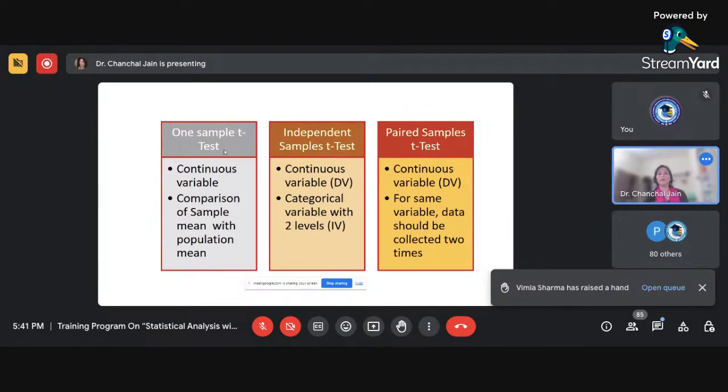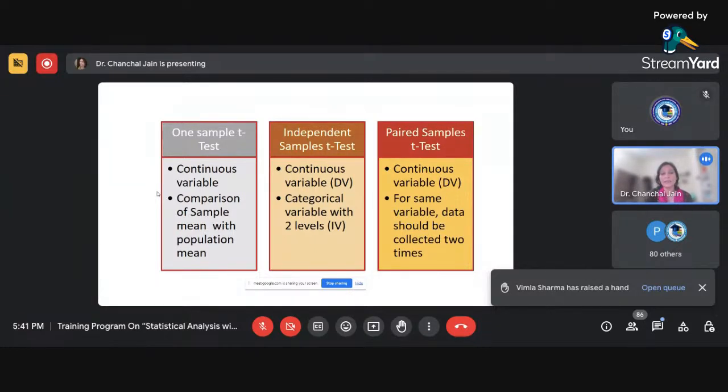So using your objectives, you can decide upon your hypothesis, and using your hypothesis, you can decide upon your test. So for hypothesis purposes, what type of variables do you need to have? Firstly, I'm explaining that. So in case of one sample t-test, we need to have only one variable. If you're making your notes, because all things are not written on the slide, you can write this thing.